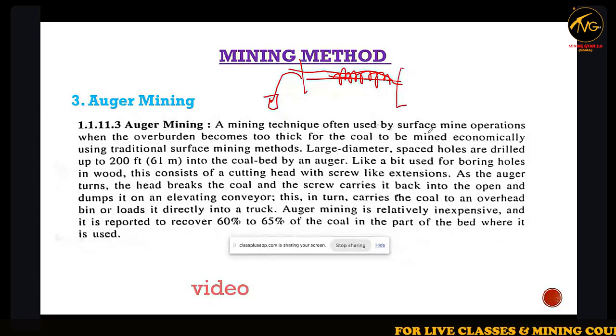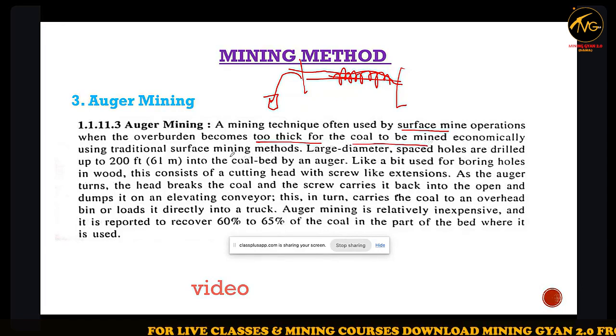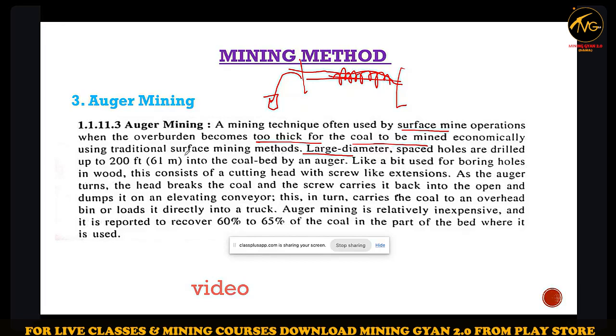This mining method is often used in surface mining. You have seen the video. When the overburden becomes too thick for the coal to be mined economically, large diameter holes are drilled up to 2 feet in the coal bed by the auger.